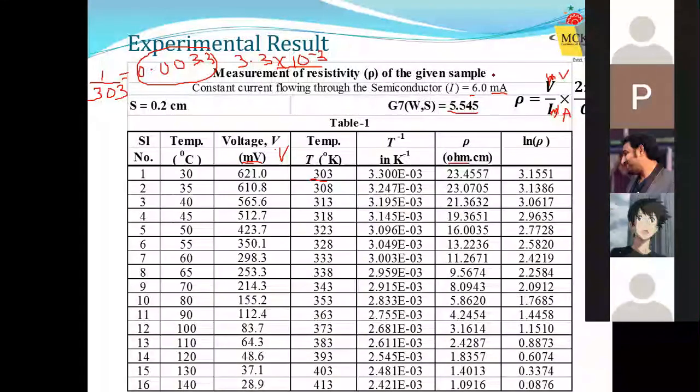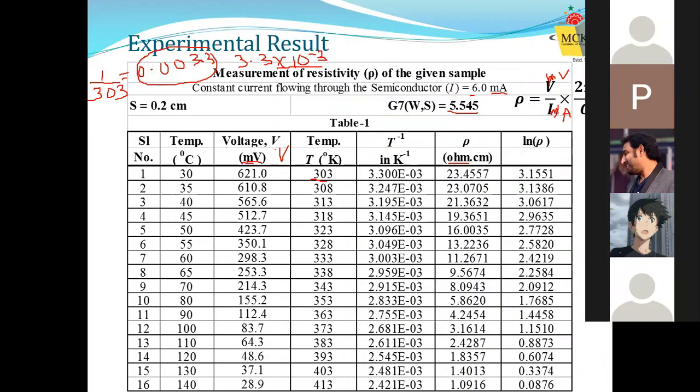Our suggestion is you convert current to ampere, because you have to convert it only once. But if you convert volt to millivolt, you'll have to convert it for 16 readings. So keep all of this in volts and convert current from milliampere to ampere, so that you get it in terms of ohm centimeter.